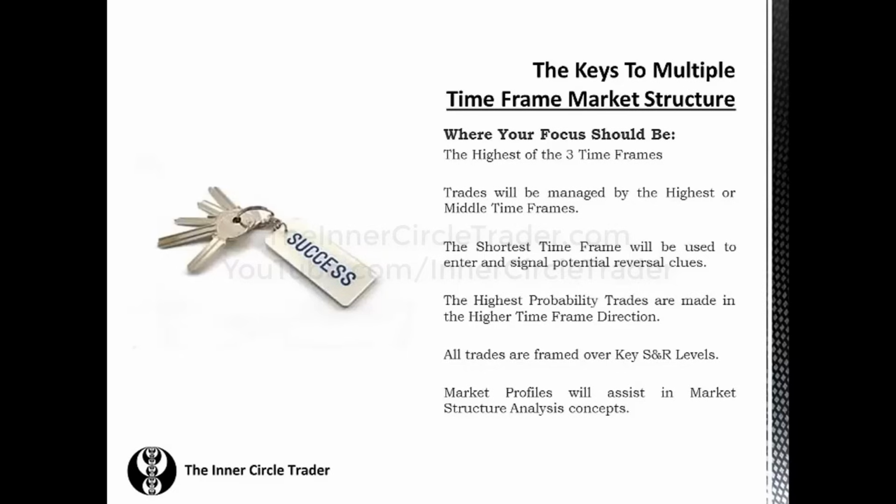Okay, without the understanding of key support and resistance levels, you're not going to get to a directional bias regardless of what trading model you're using, position, day trading, whatever it is. If it's not framed on the premise of key support and resistance levels, it's probably going to be a struggling point for you as well.